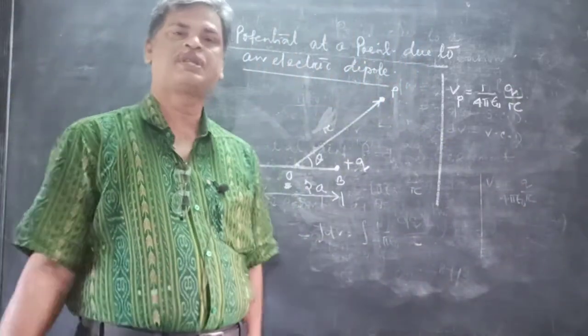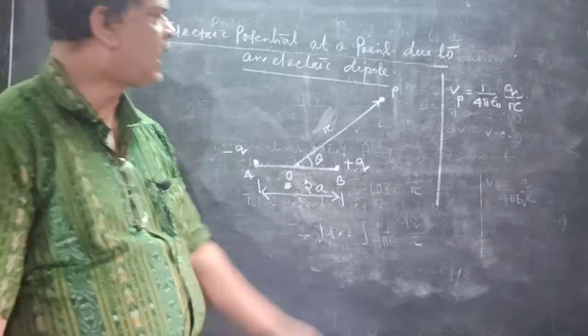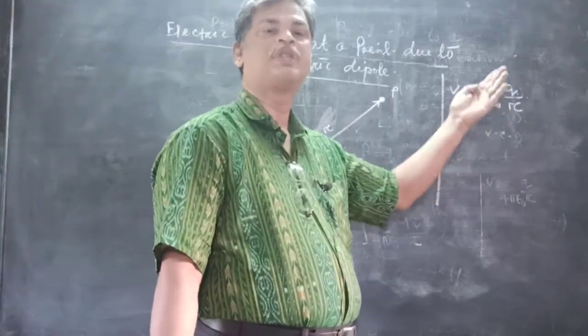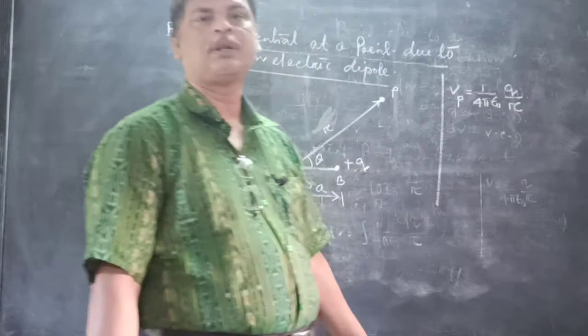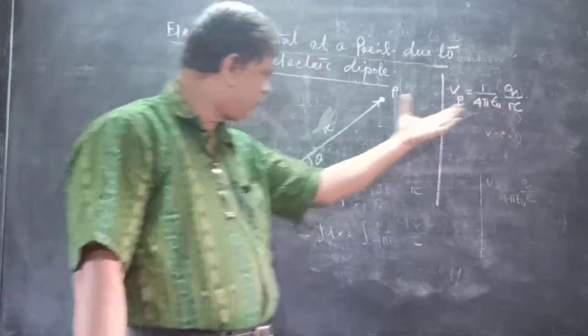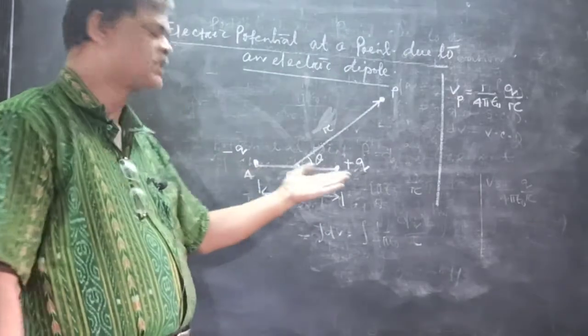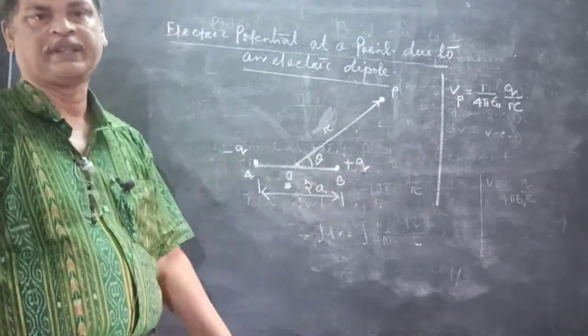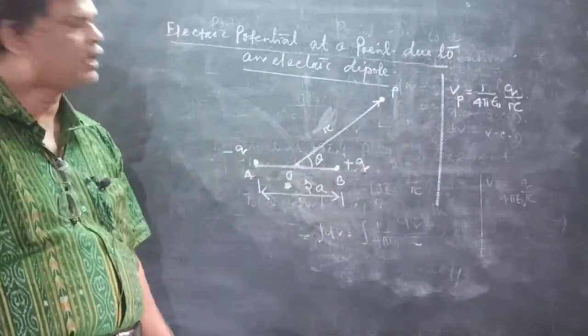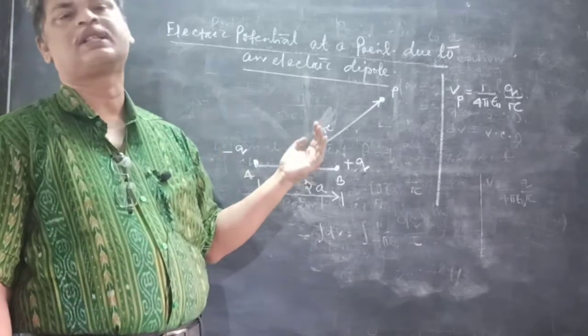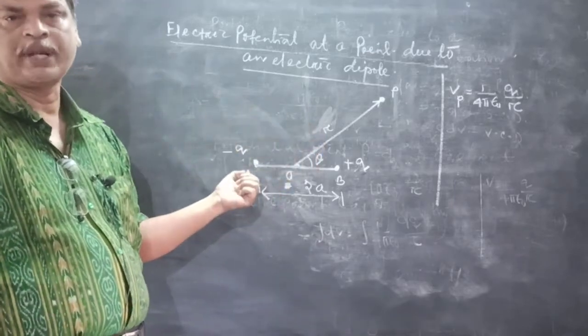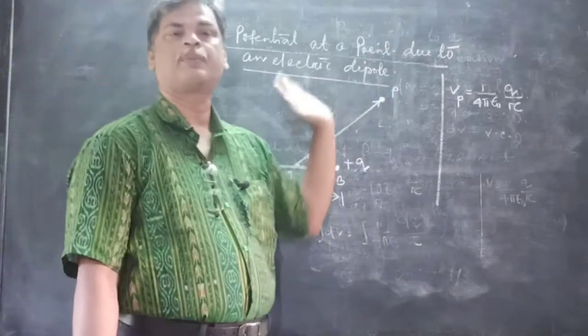It may be a positive charge, it may be a negative charge. r is the distance from the charge to the point of observation. Using this formula, we can find the potential at point P due to minus q and plus q separately. Then by using the principle of superposition, we add these two potentials simply by algebraic rules to get the total potential at point P.